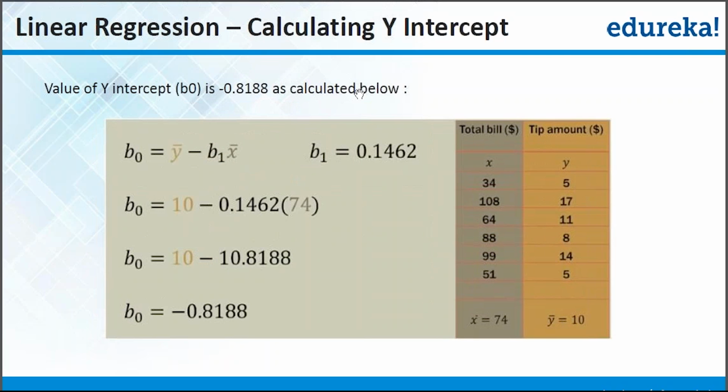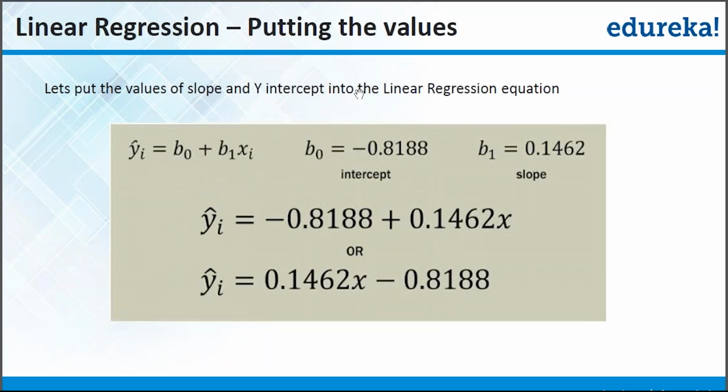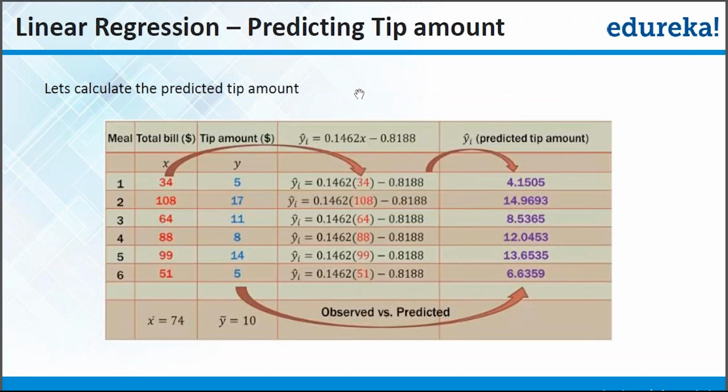Value of y-intercept is this. This is the average that we saw, right? And put the values of intercept into the linear regression equation. See, it's the same thing they've done, the direction, the base value, whatever we have seen so far. Using this calculator, they are using this as the predicted tip amount.